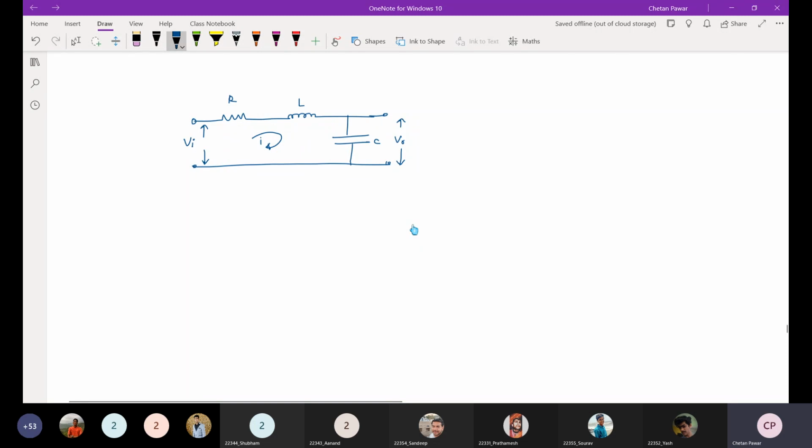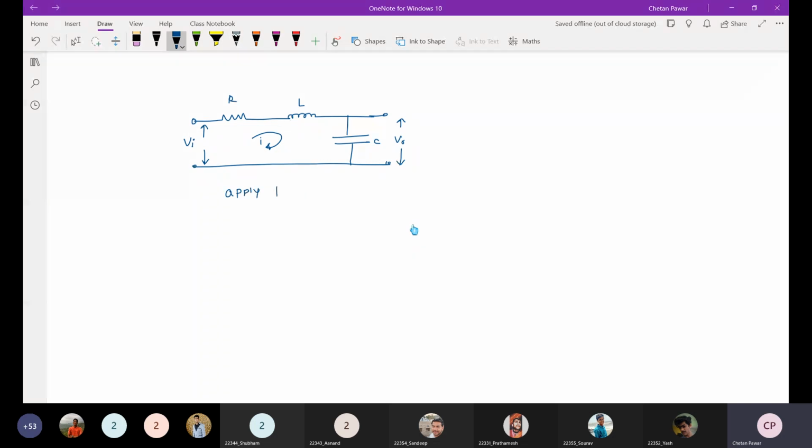In this circuit my input is voltage and output is also voltage, so the transfer function will be the Laplace transform of V naught divided by the Laplace transform of Vi, right? Because the input is voltage and the output is also voltage.